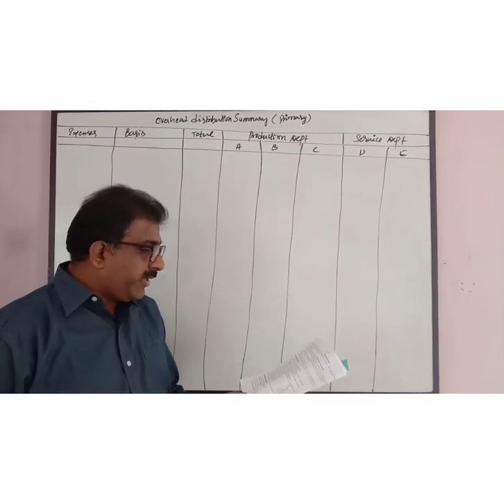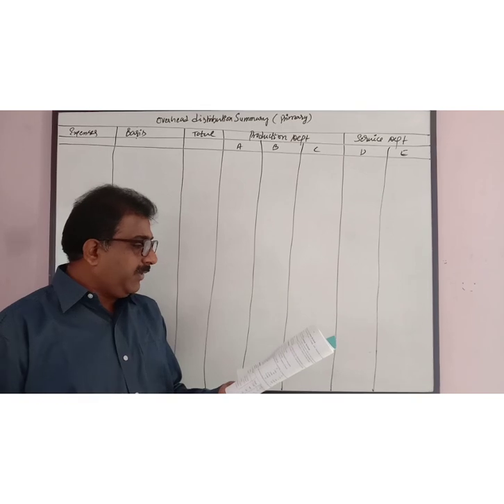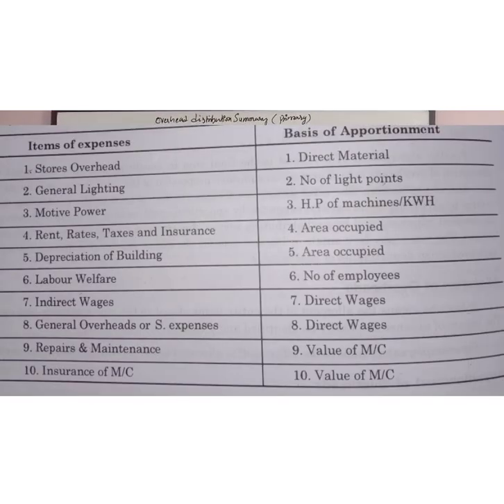So here, stores overhead is usually based on direct material; general lighting, number of light points; motive power, HP of machinery; rent, rates, taxes and insurance, area occupied by the department; depreciation on building, area occupied or the square feet; labor welfare, number of employees; indirect wages, based on the direct wages; general overheads or sundry expenses, on the basis of direct wages; repairs and maintenance, value of machinery; insurance of machinery, value of machinery.